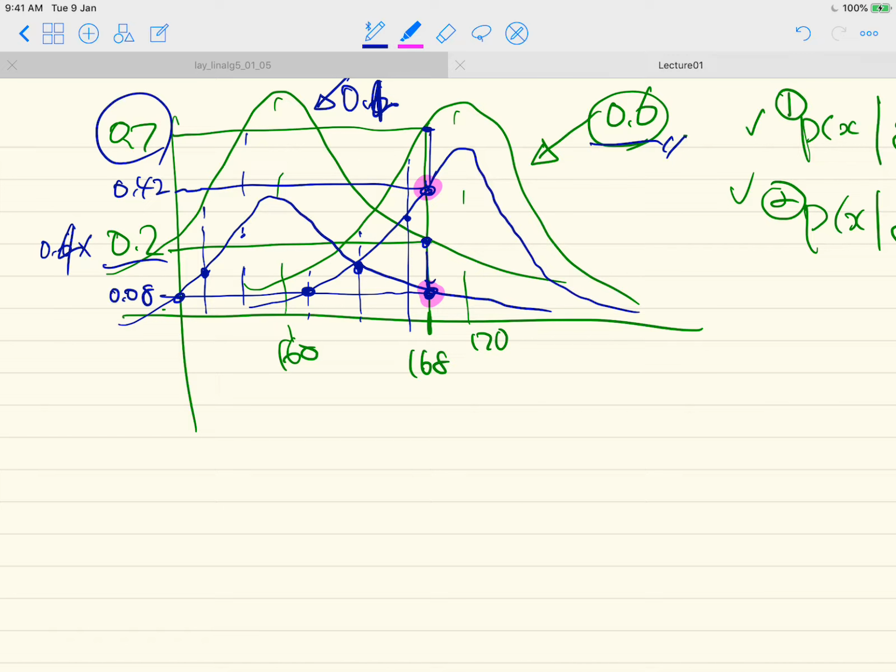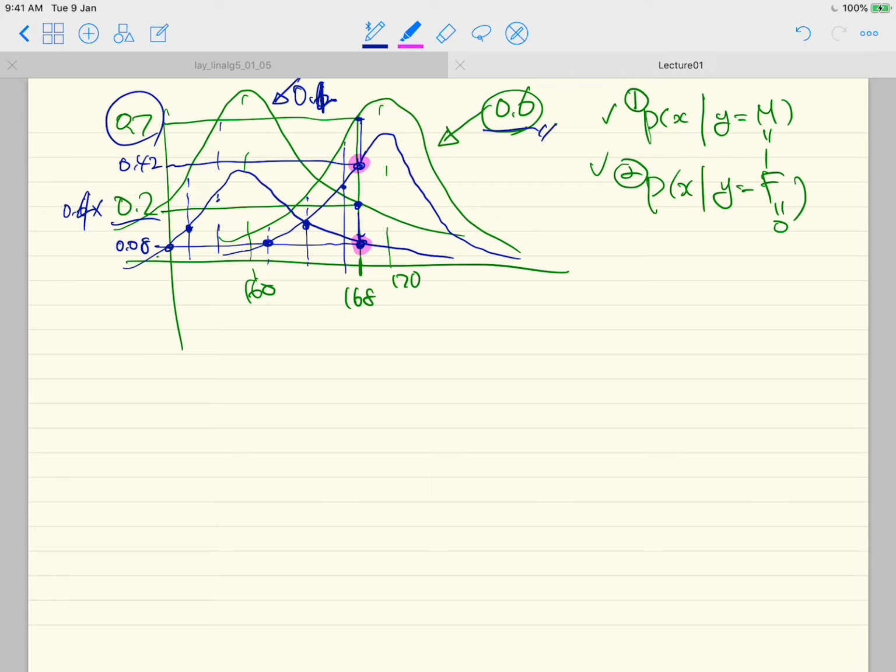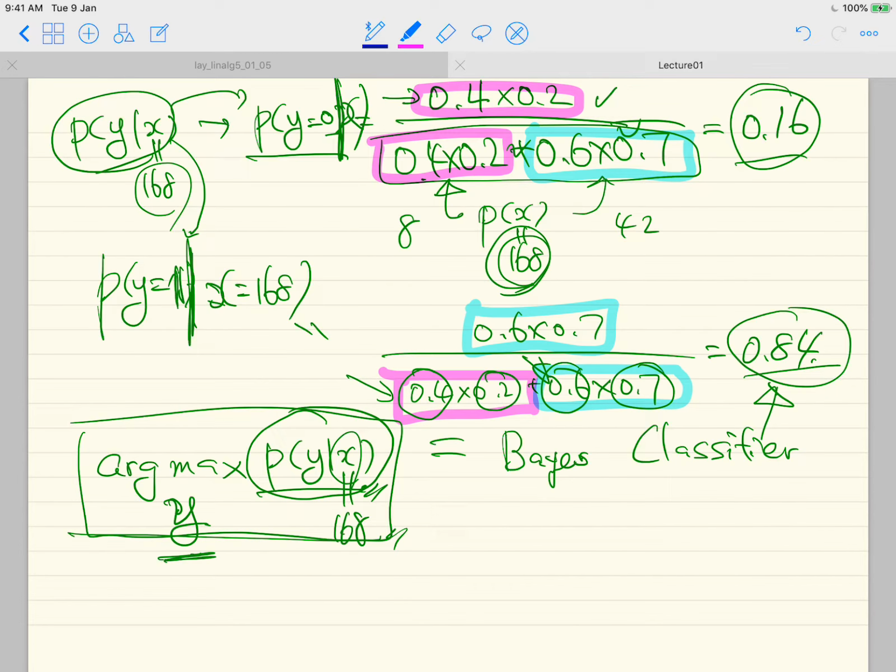And then what is our strategy of this Bayes classifier? It was just simple, just between the two, okay? So between this guy and this guy, we just compare between them, right? And then just simply choose the maximum one.